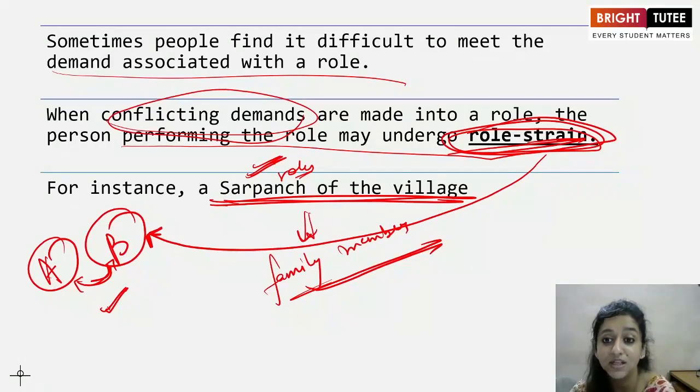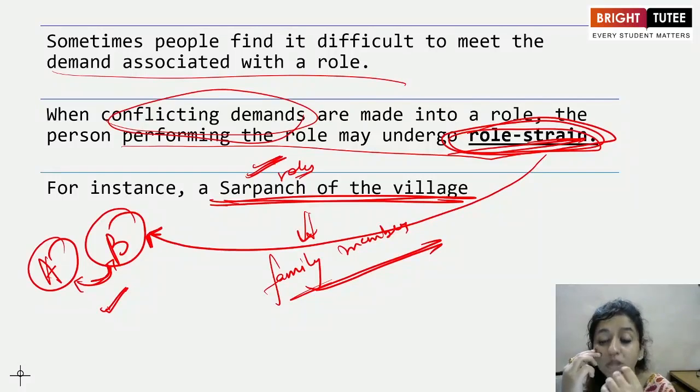That is basically the situation known as role strain, wherein you are in a dilemma of which role you should be performing, because you hold both of those statuses. Because of those two statuses, you hold both of those roles and you are responsible to perform both.